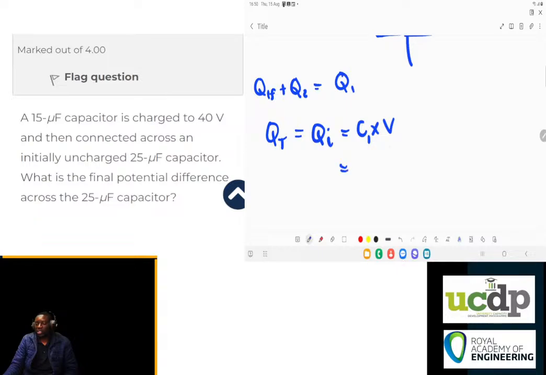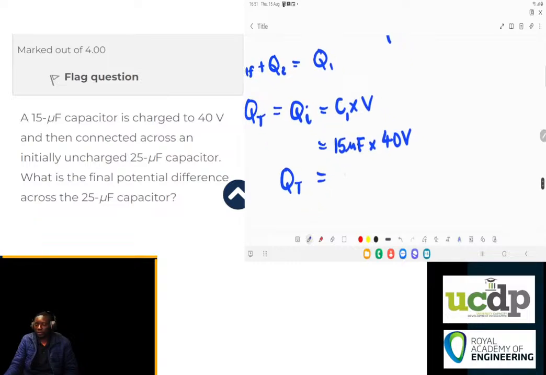Okay, so what is this C1? Which capacitor is this one? It's 15 microfarads, multiplied by the 40 volts. And what do we get for QT?